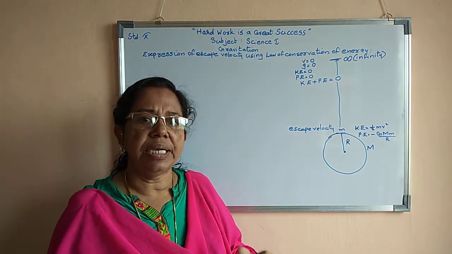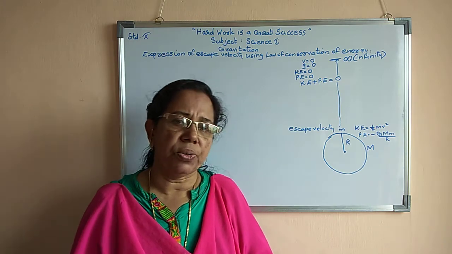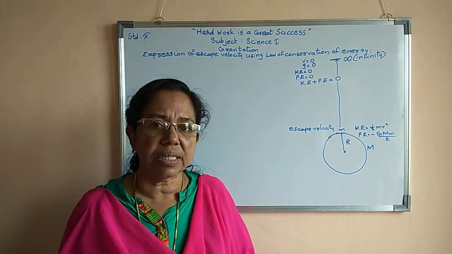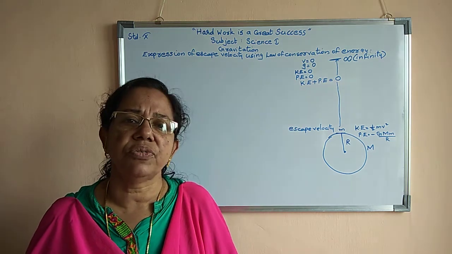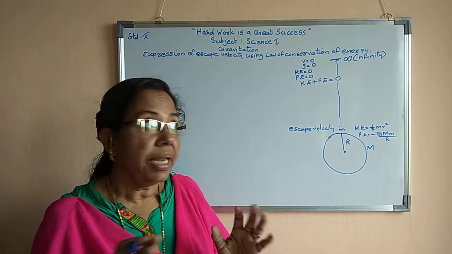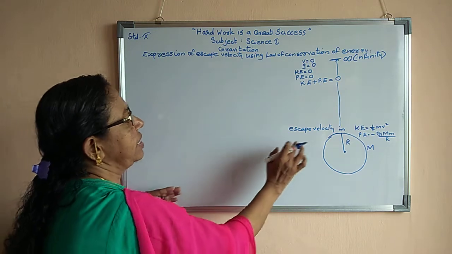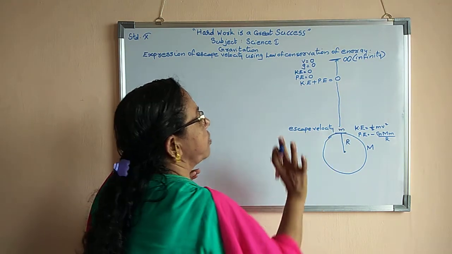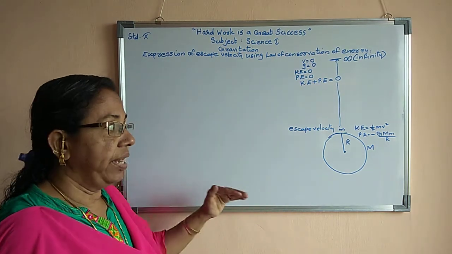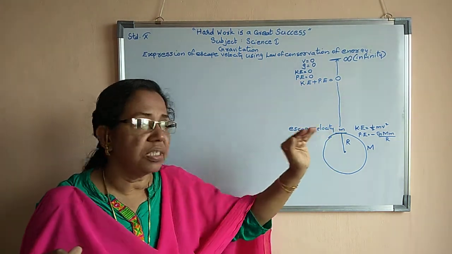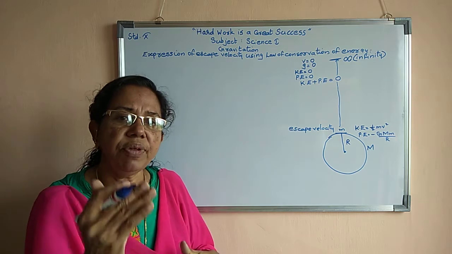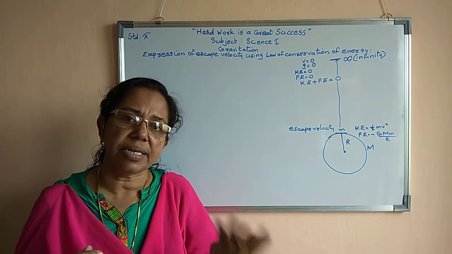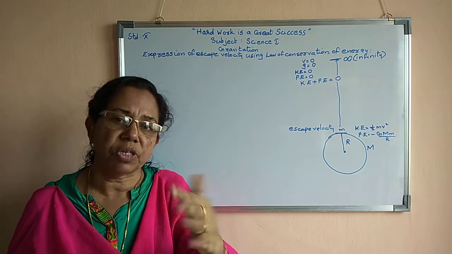At that particular time Ke will be 0. Even there will be no gravitational force exerted by the earth. Because of that, Pe also will be 0. Now we are studying the position of the object on the surface of the earth. When the object is on the surface of the earth, what will be Ke, what will be Pe? Ke means kinetic energy, and what will be its potential energy?